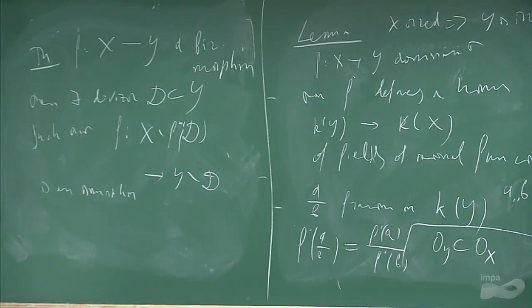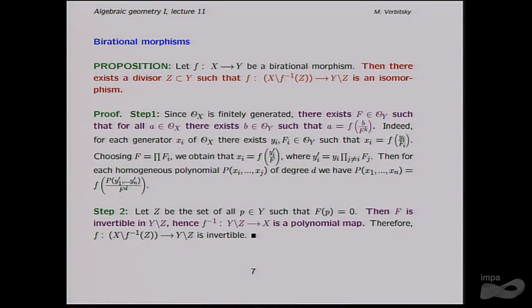Okay, so let's prove it. Proof. Step 1. All our rings are finitely generated. This is by Hilbert, well, by definition, essentially. So O_X is finitely generated. Then there exists f inside O_Y.